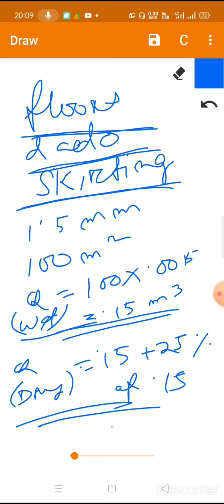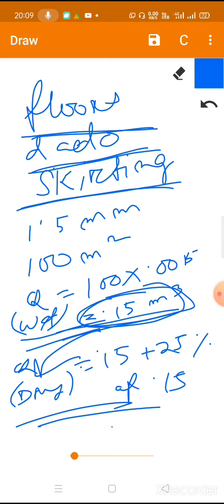We just find out the total wet volume. We don't take anything extra over this wet volume, unlike the earlier cases. We are going to directly convert it to dry volume. Okay, so this is all about rate analysis of plastering.